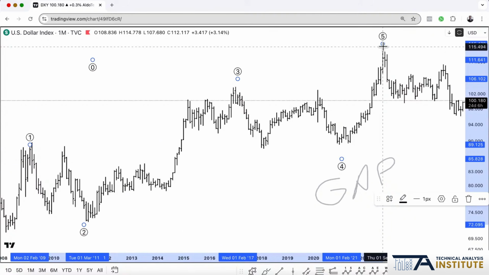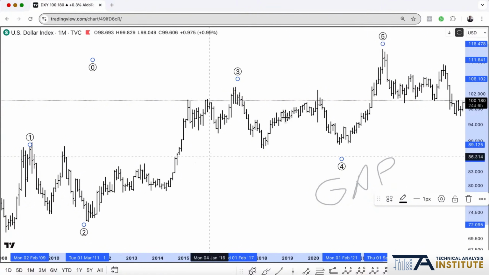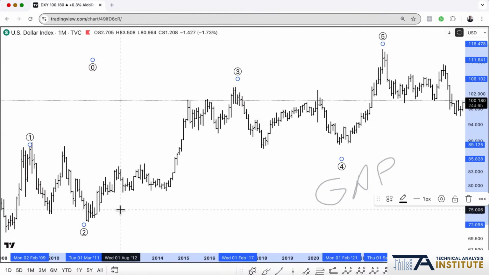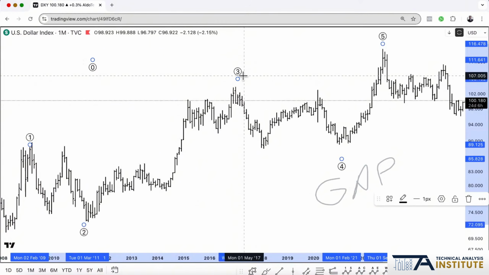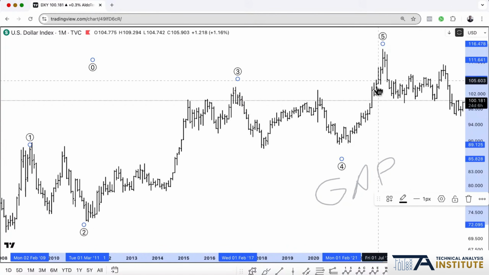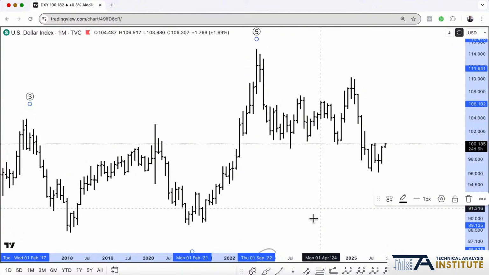Do they have 5 legs? Well, they look like it, because even if they don't have the 5 legs here, at least this one clearly displays those 5 waves, right? Now, it's possible that this one doesn't display them clearly, although I think they are up there. Let's open it like this.